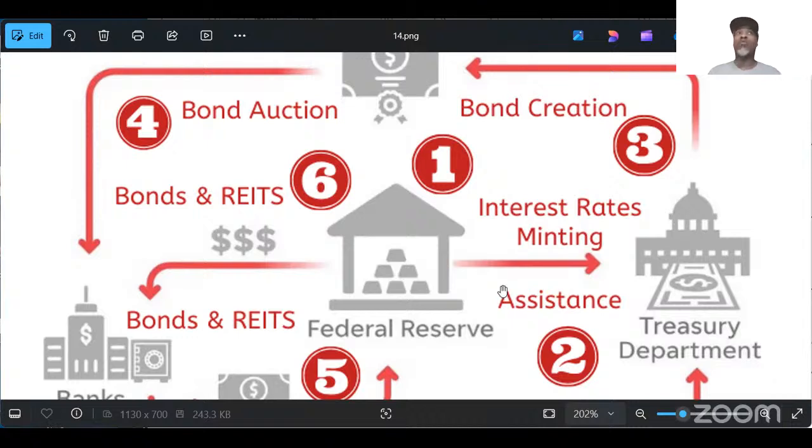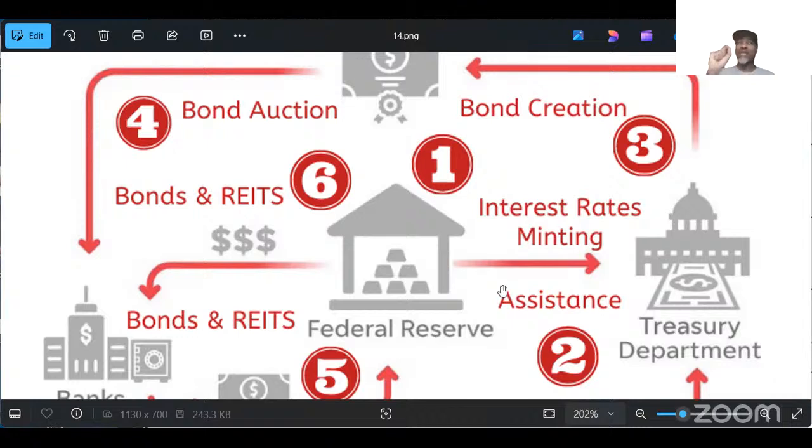The Fed is going to make a decision on either raising or lowering interest rates, or they're going to approve printing or destroying money. That's minting. They're going to approve whether we're going to print more money or make more ones and zeros, and the raising and lowering of the money supply. It's called quantitative easing, which is raising. Quantitative tightening is lowering.